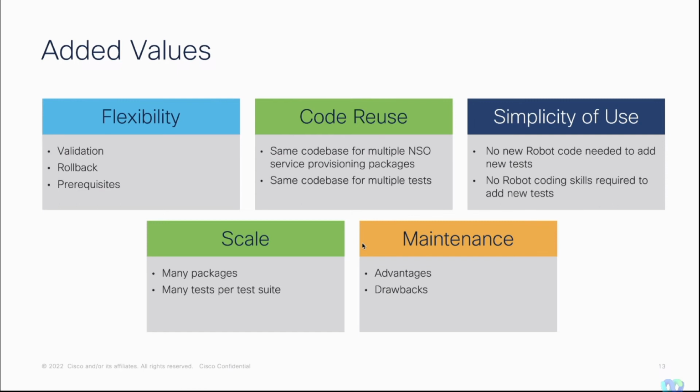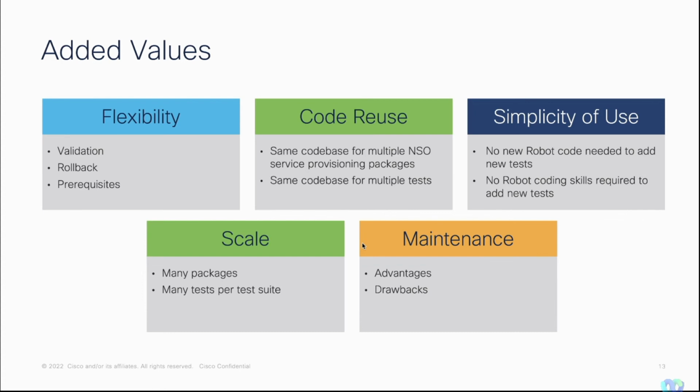Maintenance is a bit of a gray area, because on one side we have advantages, meaning that by leveraging the same robot code base, whenever we introduce a new feature, it is available to all the packages and all the test cases that we execute. But on the other side, of course, this comes with a cost, which is the robot code base complexity. And this might go a little bit against the good practices for writing test cases in Robot Framework.